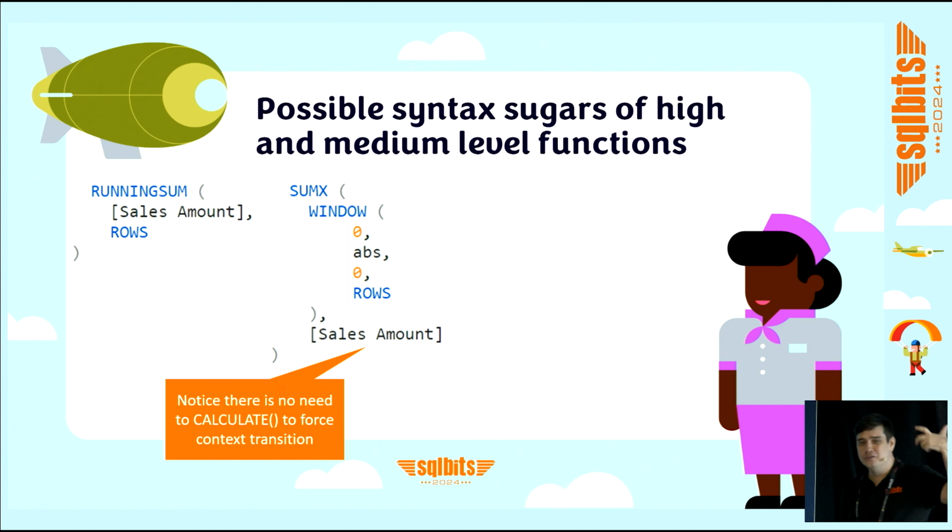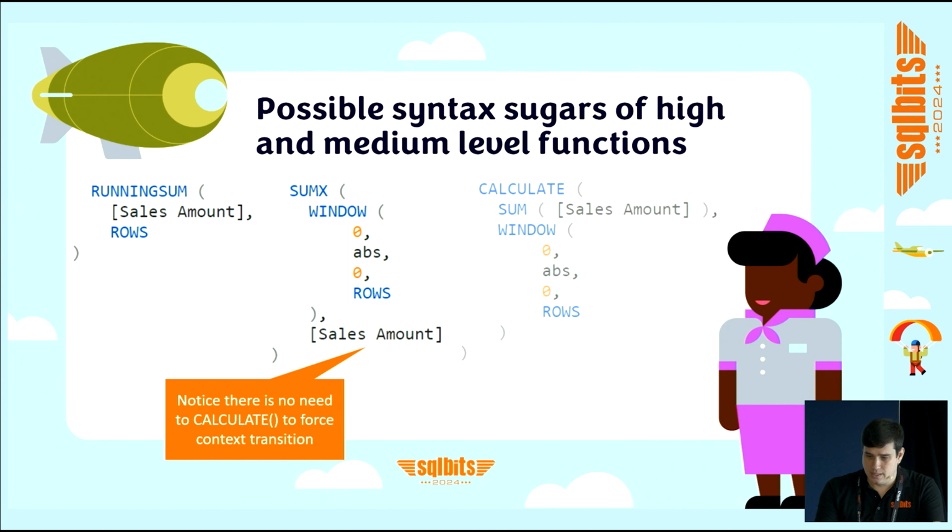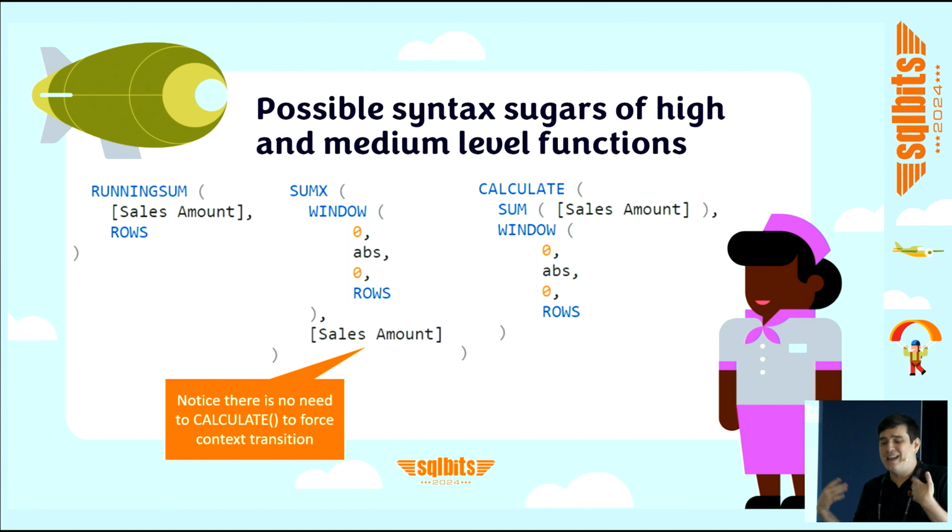There's only filter context, and that visual context that we can navigate through the different levels of the hierarchies. So there's an alternative way to write it, which is calculate sum, and then the window as a filter argument. It works as well.